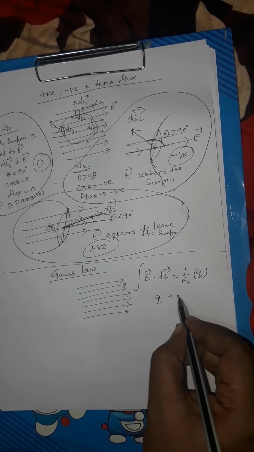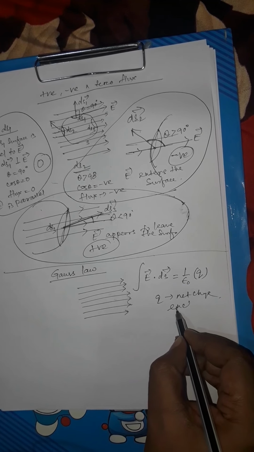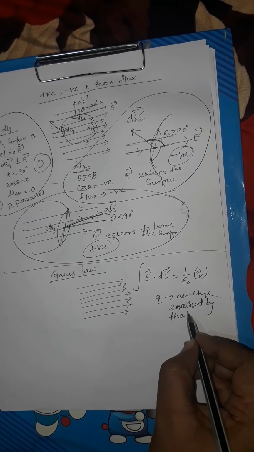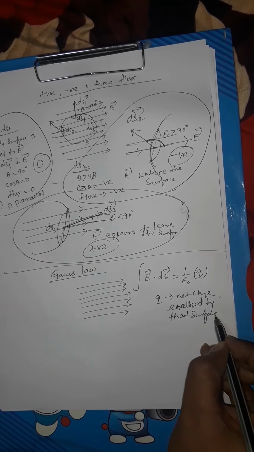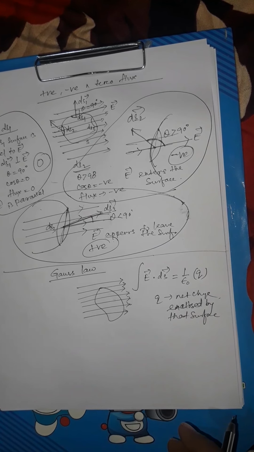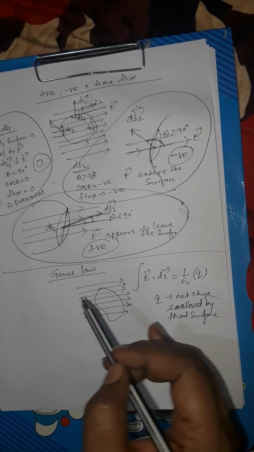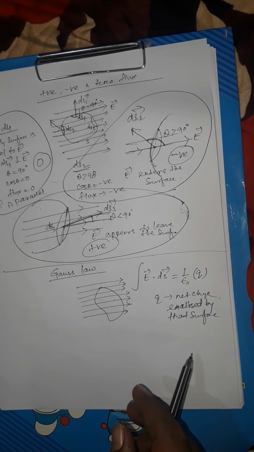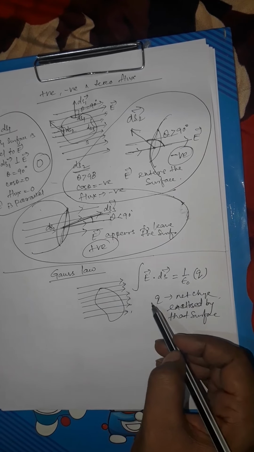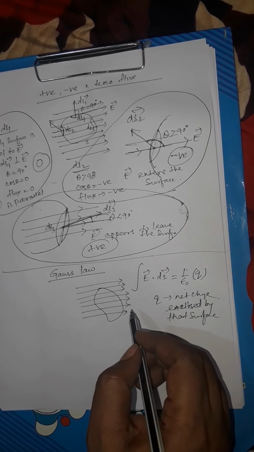Q is called the net charge enclosed by that surface. Whatever may be the shape of the closed surface, always the total electric flux measured out of that closed surface in that electric field is 1 by epsilon naught times the net charge enclosed by that surface.